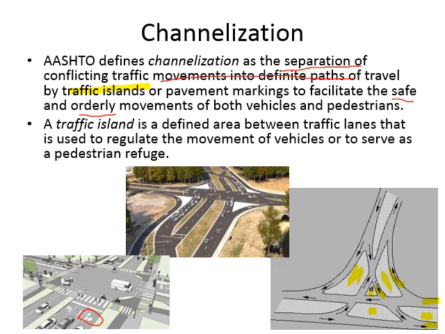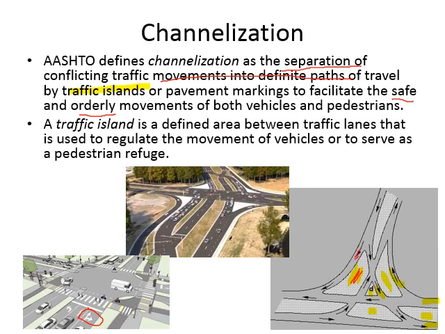So as we said, traffic island is mainly provided for channelization. So how do we define a traffic island? It's an area between traffic lanes which regulates the movement for different vehicles. Regulate means it controls the movement of different vehicles. Okay, so like this one, it's controlling the movement of vehicles who are turning right.